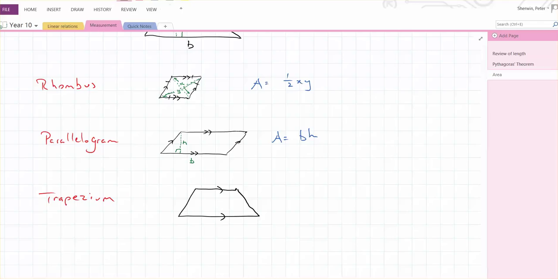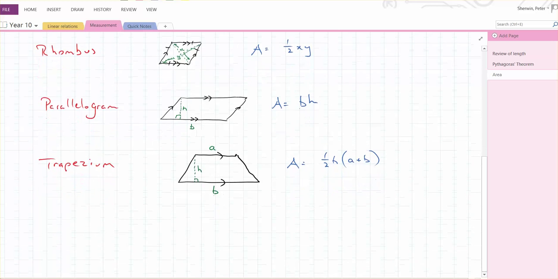What we need in this instance is to know the lengths of our parallel sides, call them a and b, and also the height of our trapezium, call that h, and the area of this trapezium will be equal to a half times the height, times the sum of the parallel sides, a plus b. So half h, brackets a plus b. Yeah, that's enough on trapezium.